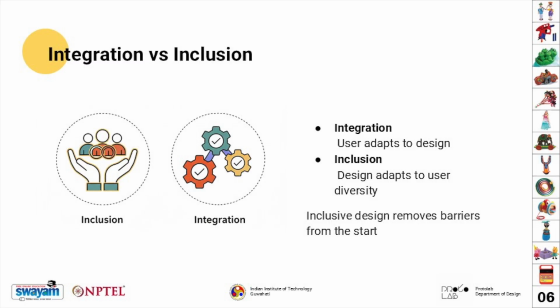For example, a toy requiring precise fine motor control integrates some users but excludes others. A toy allowing multiple interaction styles includes them. Inclusive design does not add accessibility afterward. It anticipates variation from the beginning.